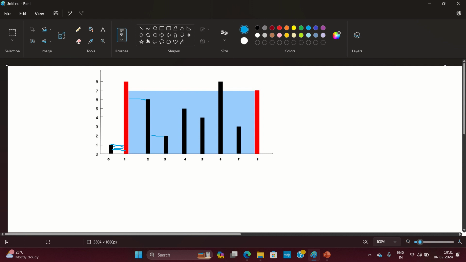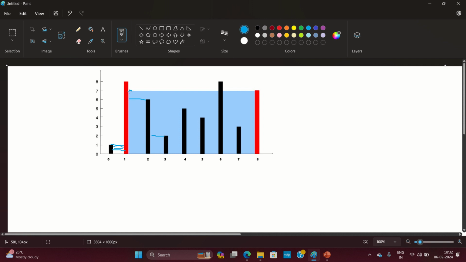Our aim is to find the maximum area, that is, to find two slabs such that the water covers the maximum area in the container.